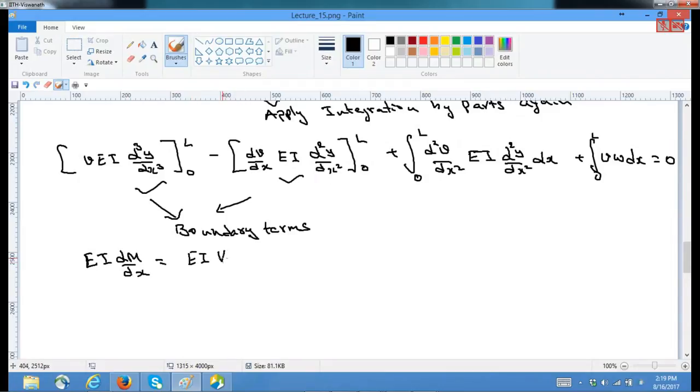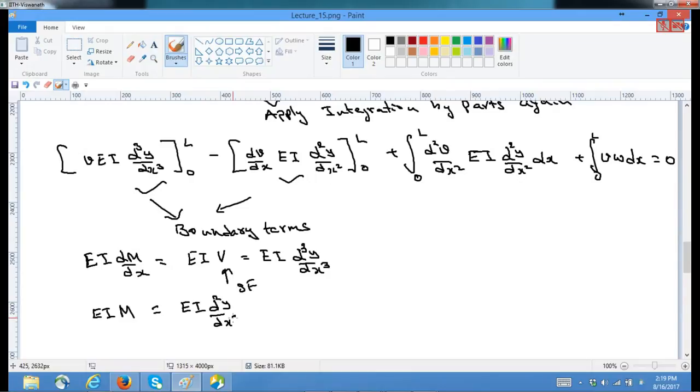V is the shear force, which can also be written as EI d cube y by dx cube. This is the shear force, or M is equal to EI d square y by dx square.